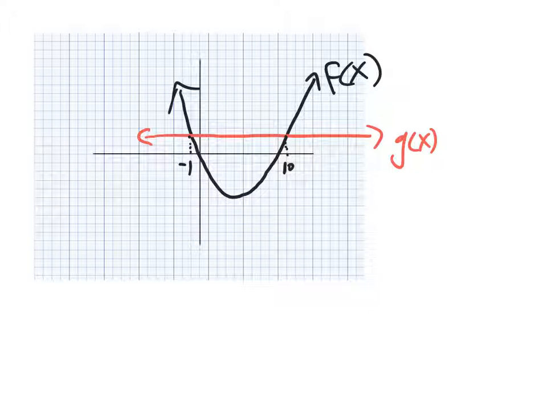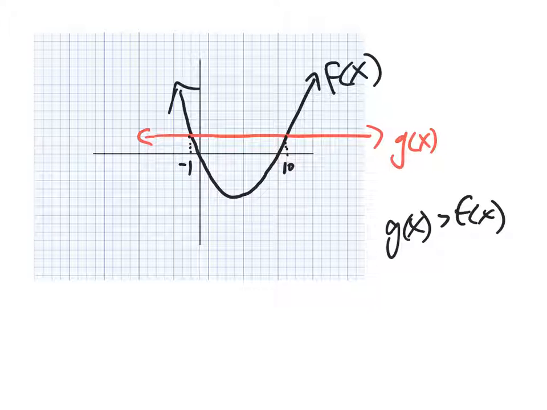The question is, when was g of x greater than f of x? Okay, so g of x is the red line.